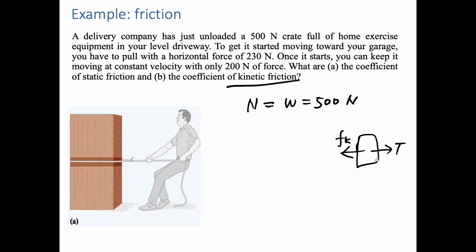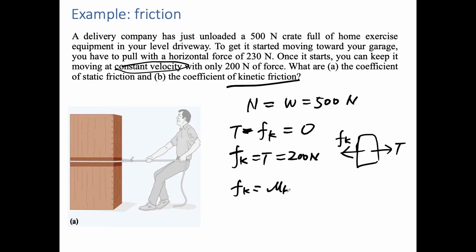So moving at constant velocity, so net force in x direction is 0, so Fk equals tension equals 200 Newton. So we have Fk equals mu k n. Mu k is Fk over n.